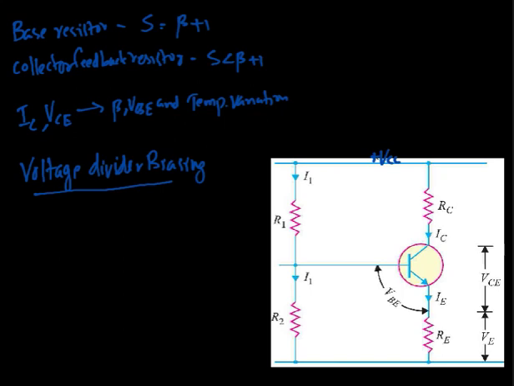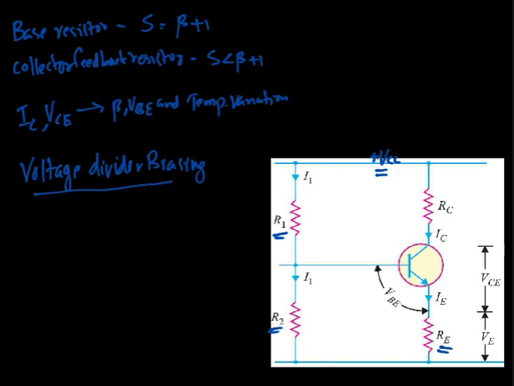Here the two resistances R1 and R2 are connected across a voltage source plus VCC, which provides the biasing to the base emitter junction, and the resistance RE connected in the emitter circuit provides the stabilization. The resistances R1 and R2 form a voltage divider arrangement. That's why it is called voltage divider biasing.